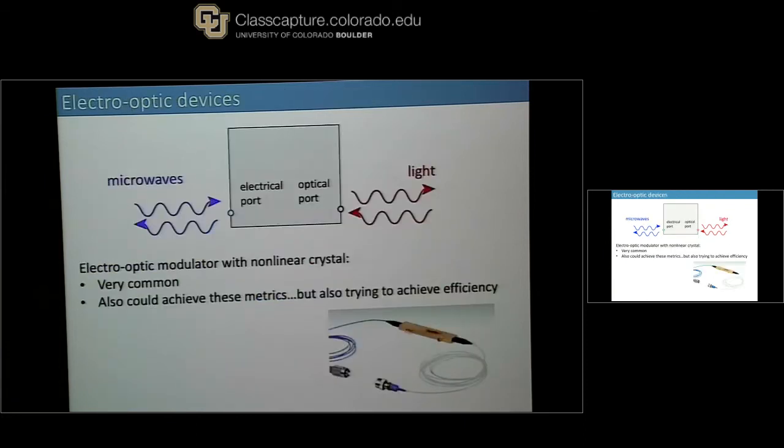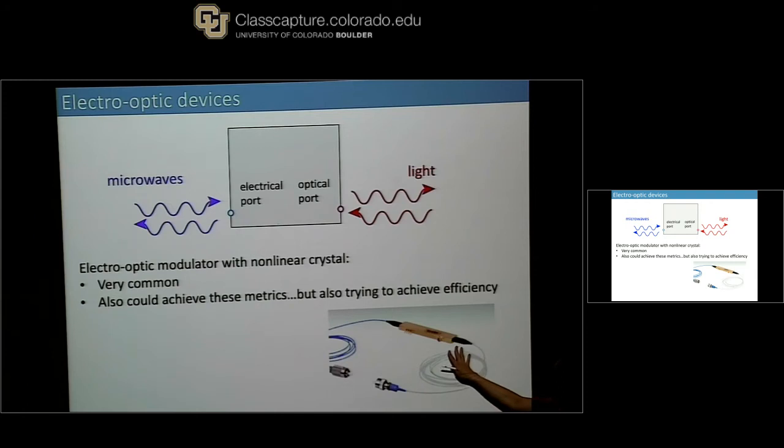So this general idea of having a system where ultimately we're going to put some microwave signal in, and it's going to end up as a sideband in an optical signal. And if I have a lithium niobate modulator, if you're an experimentalist, you probably have one of these on your optical table if you use optics.